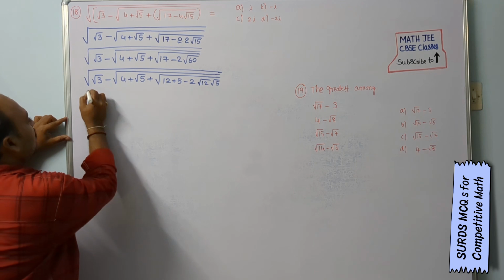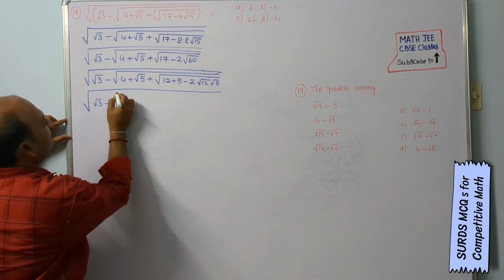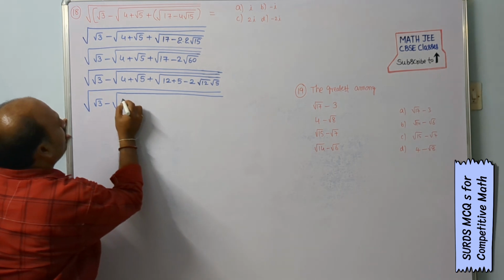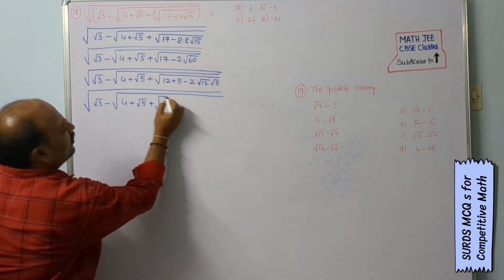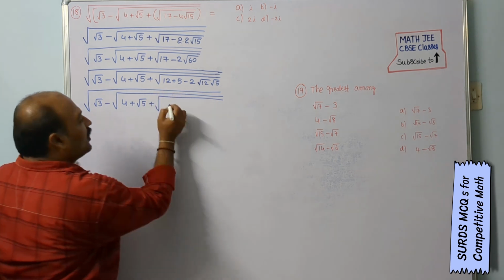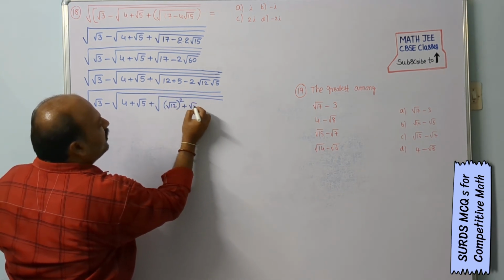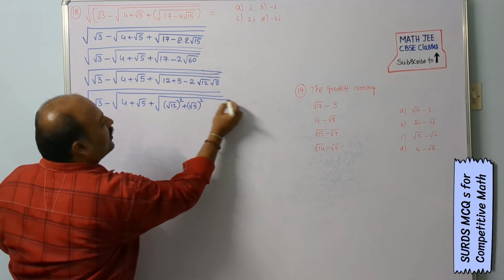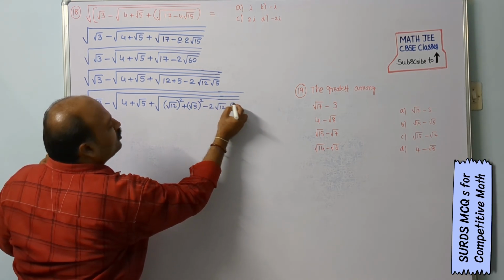That is equal to root 3 minus square root of 4 plus root 5 plus square root of 12 can be written as root 12 whole square plus 5 can be written as root 5 whole square minus 2 root 12 into root 5.